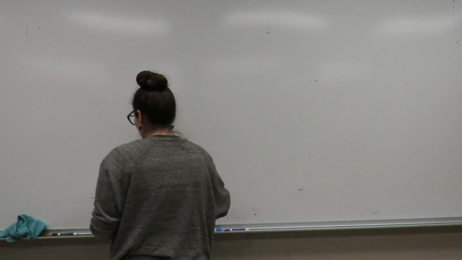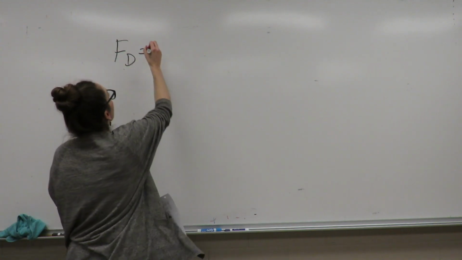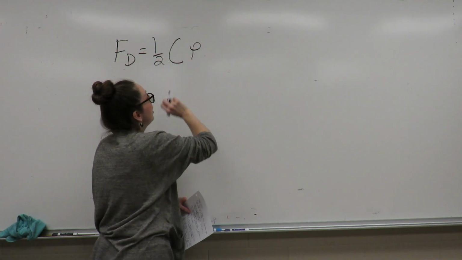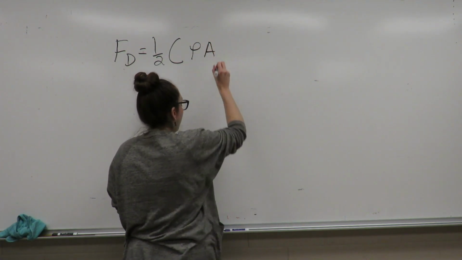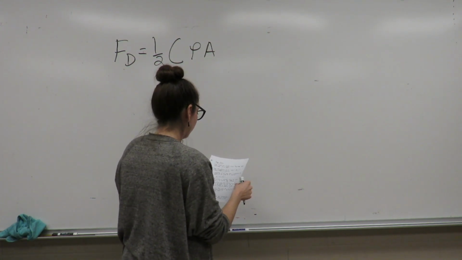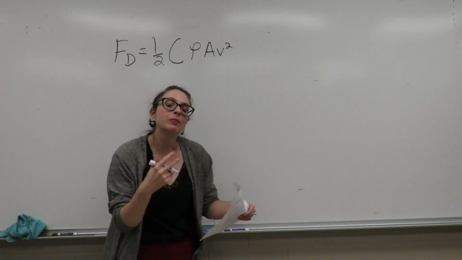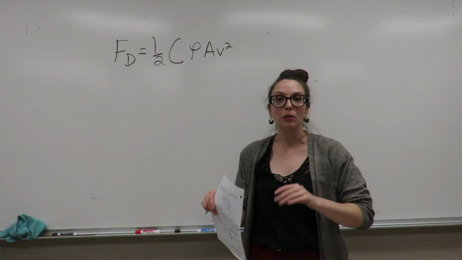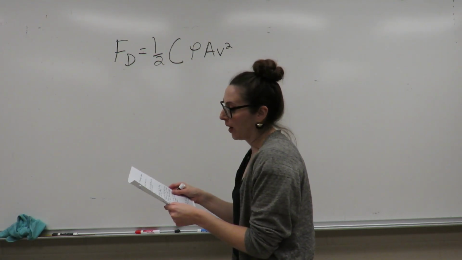So if we write that down as an equation, we have that the drag force is equal to 1/2 times the drag coefficient C times rho, which is the density of the fluid that the object is moving through, times A, that's the area of the object that's facing the fluid in the direction of motion, times speed, this v represents speed, times the speed of the object moving through the surrounding fluid, which could be air or water. And so this is our equation for the drag force.